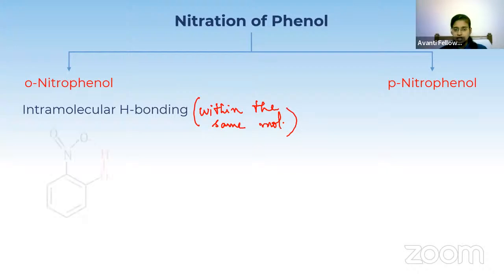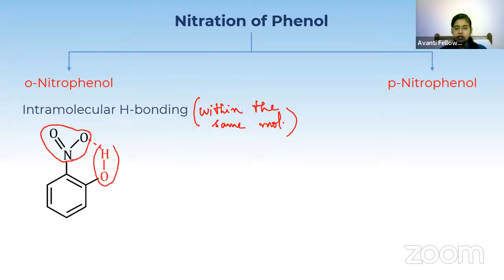Let me take the structure of ortho-nitrophenol. This is the nitro group, NO2, and this is OH. The oxygen of the nitro group forms a bond with the hydrogen of OH. This hydrogen bonding is called intramolecular hydrogen bonding.